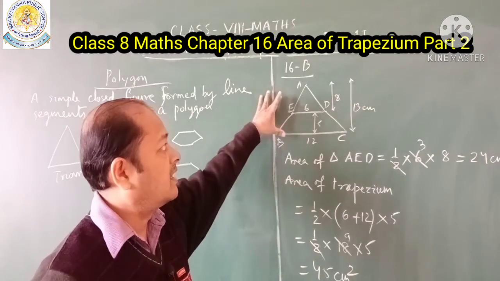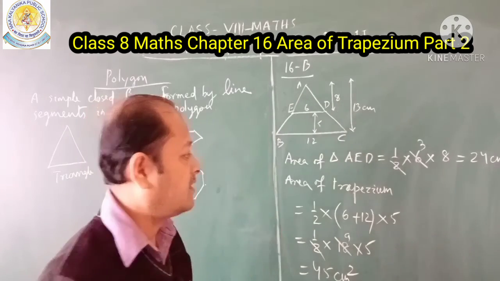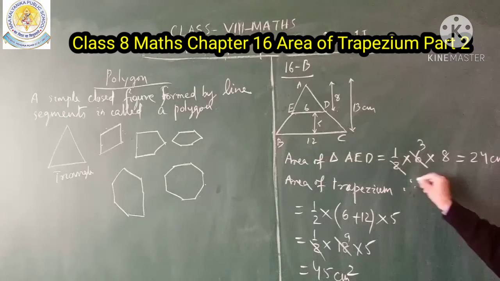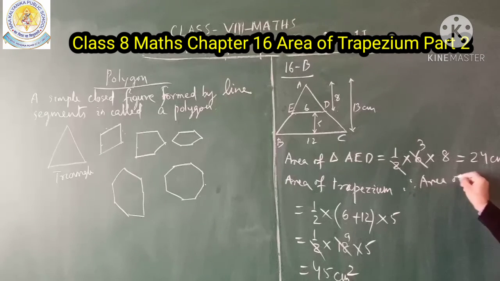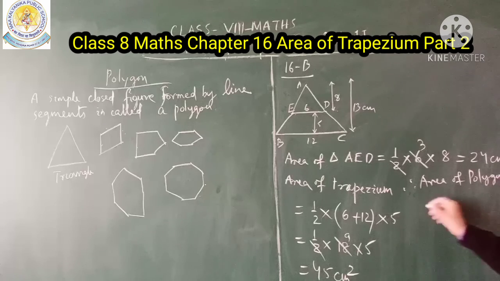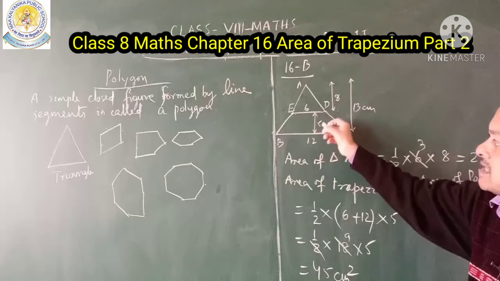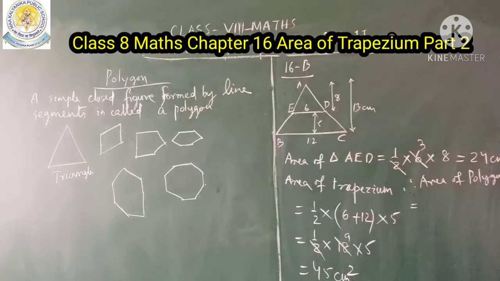So what is the total area of this polygon? Therefore, area of polygon equals area of the triangle AED plus area of this trapezium EDCB.